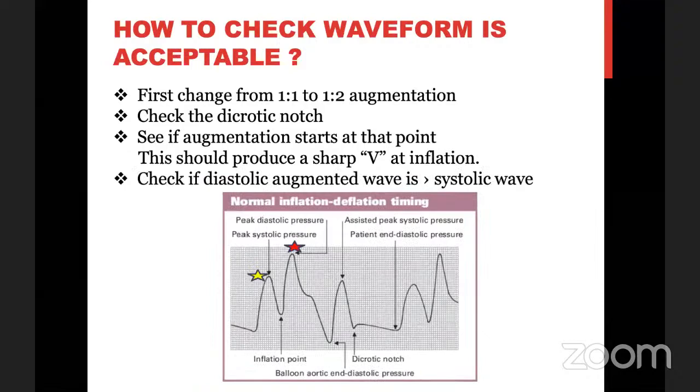So check if the diastolic augmented wave is greater than the systolic wave. This is the native heart systolic wave, and this is the peak diastolic augmented pressure, which is greater than the native systolic pressure, which is a good sign for the balloon pump.